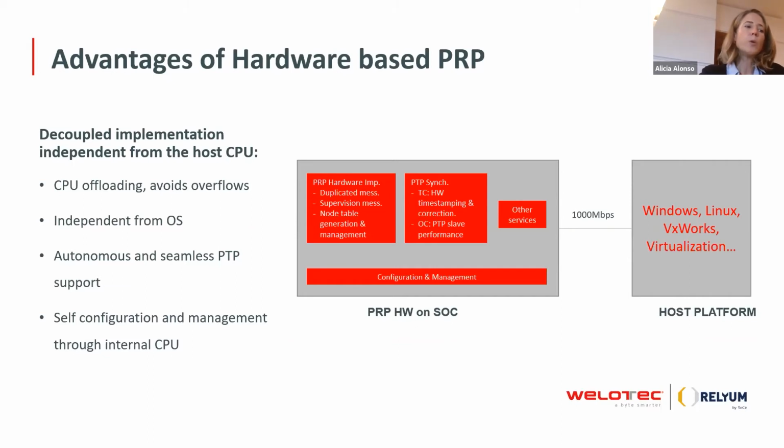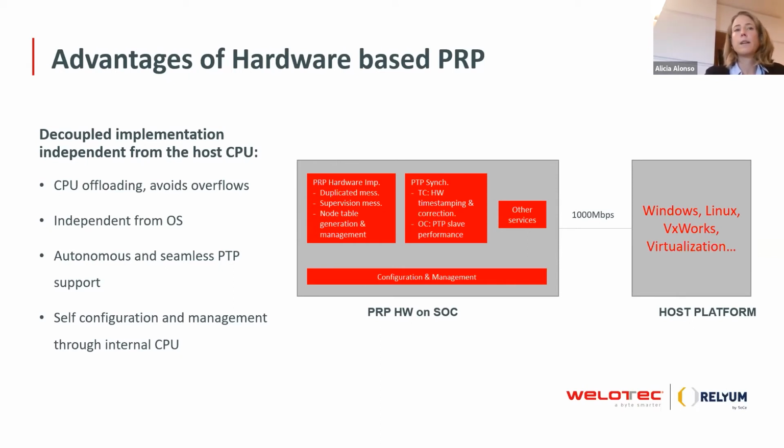Also, once you are investing in a separate hardware platform for implementing PRP, normally based on an FPGA, the most common thing is to find that the same platform is in charge of implementing the synchronization of the network or of the device. So the CPU is offloaded from the PRP computation, but also from the PTP computation.